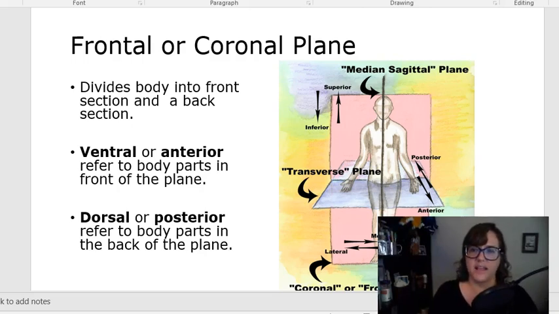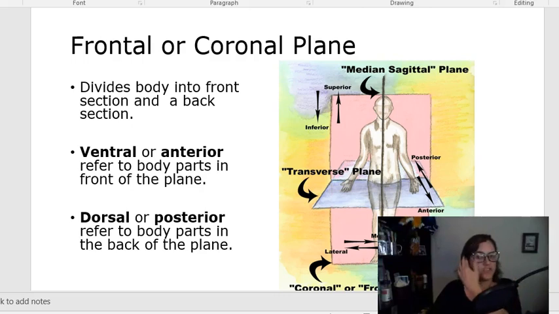So anytime that plane is separating things into front and back, we're talking about ventral. Like your stomach is ventral to your spinal cord because it is in front of your spinal cord, but we don't say in front of in anatomy, we say ventral or anterior. It's interesting.